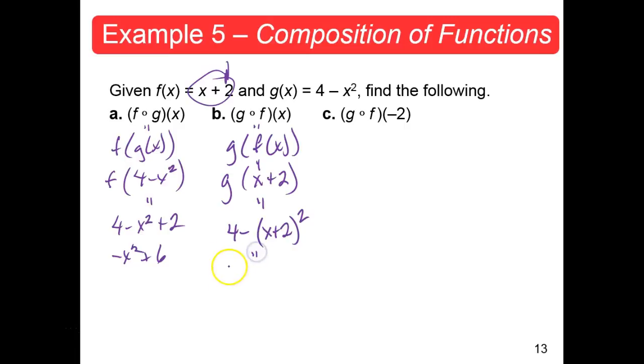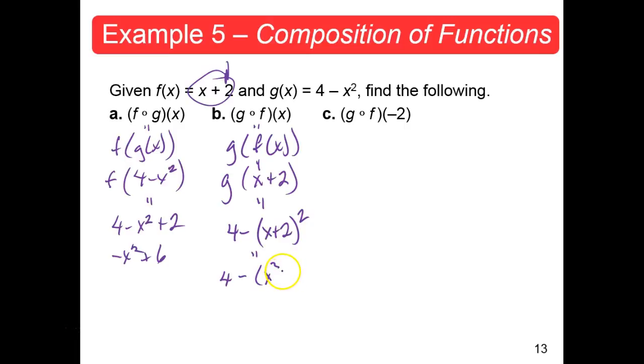What does this become? Leave the 4 alone. 4 minus, let's square that first. Can you do it in one step, or do you need to write it out? x squared, I like that. Okay, plus 2x.